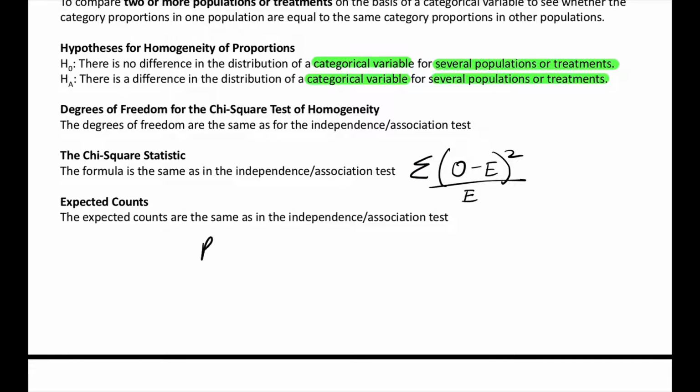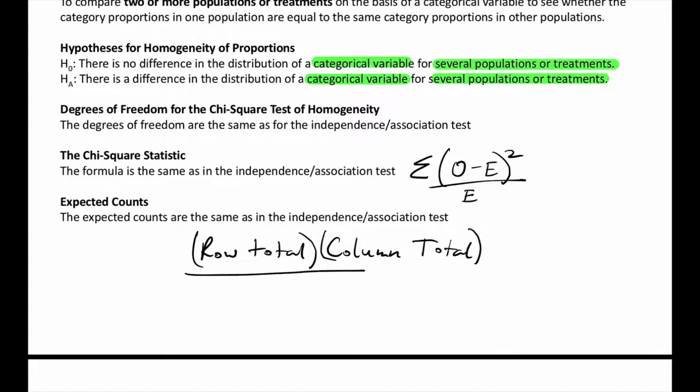Expected counts are exactly the same as yesterday. We did row total times column total, and we divided that by the grand total. That's how we came up with the expected count in each cell.